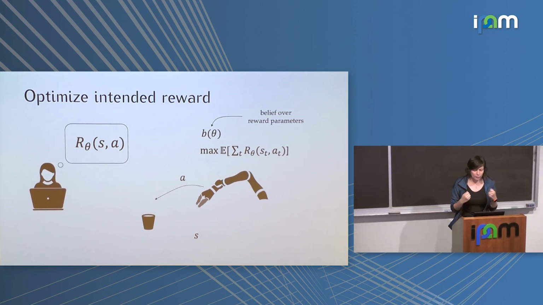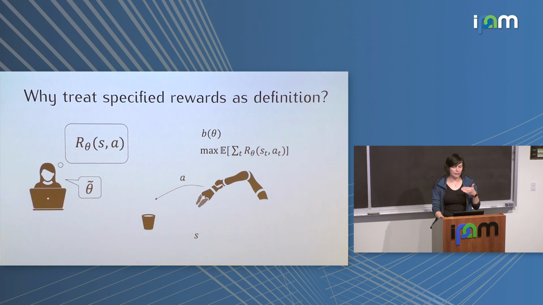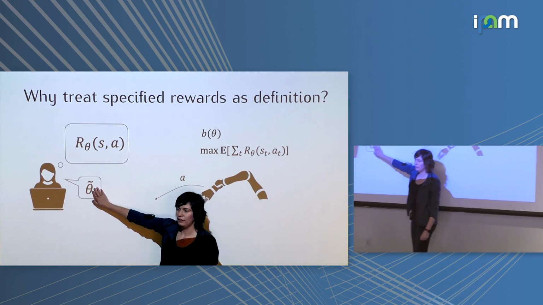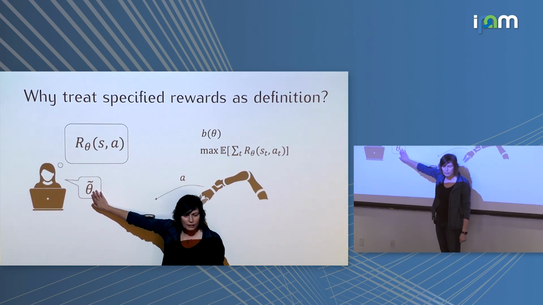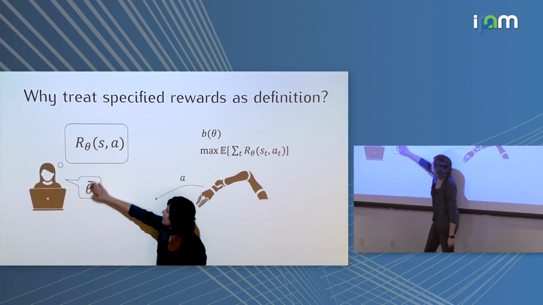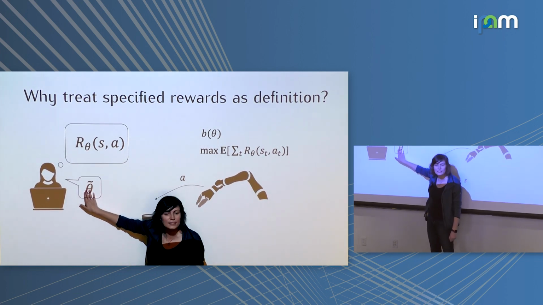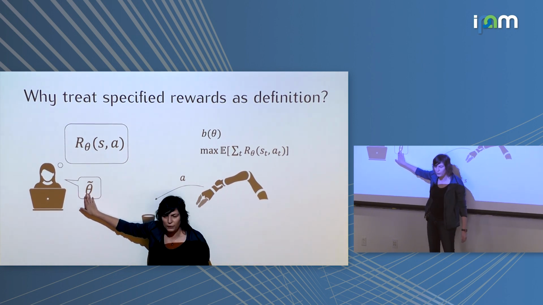And if you think about it from this perspective, the default way we currently use these systems, at least from the system's perspective, not what actually happens in real life, is that the designer says, here is a reward function that I'm going to write down, right? And it's theta tilde, and notice that it's not theta, it's theta tilde, right? Because we're not going to get this exactly right, much like I didn't get it right when I was trying to set it up for the cars.